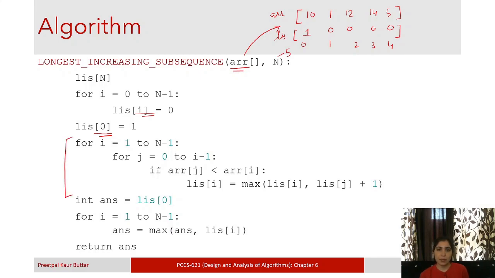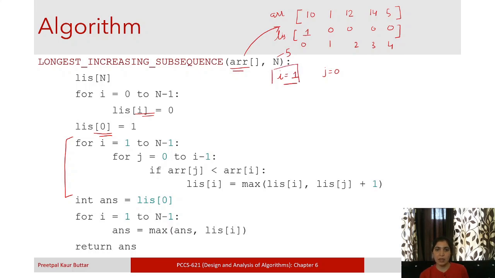So I equal to 1 to n minus 1. Initially we are solving it for I equal to 1, that is the longest increasing subsequence ending at index 1. And j varies from 0 to I minus 1, so it is 0 only. It cannot go beyond 0 when I is 1.